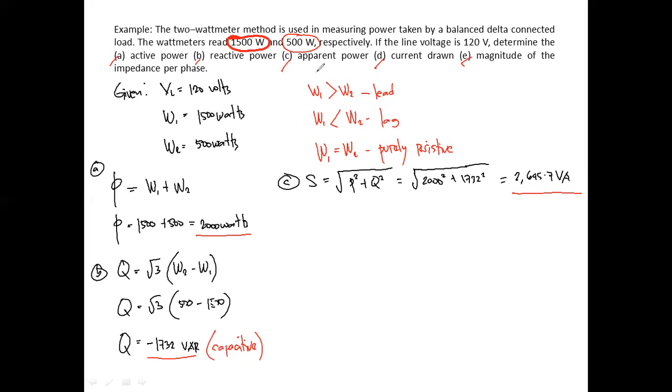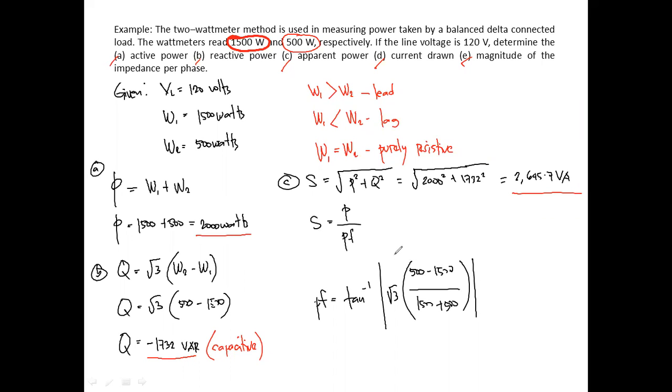Another way is to use the formula S is equal to power over the power factor. You can calculate the power factor using the formula derived last time: square root of 3 multiplied by the difference, wattmeter 2 minus wattmeter 1, divided by wattmeter 2 plus wattmeter 1, that is 1500 plus 500.